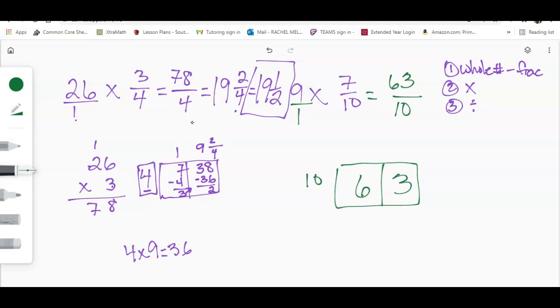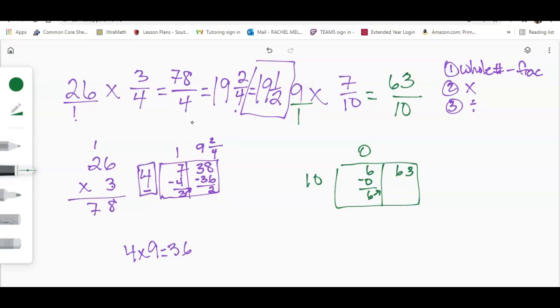Well, I know that I cannot make a group of 10 out of 6, so this is 0. Okay, I keep messing up on my boxes. I made those way too big. So this should be a 6 and a 3. Okay, so 0 times 10 is 0. So this 6 comes over here.